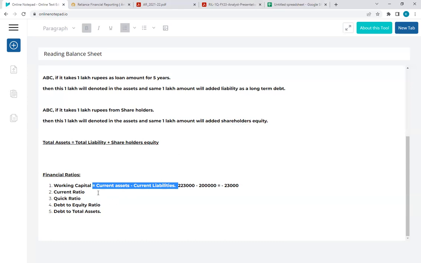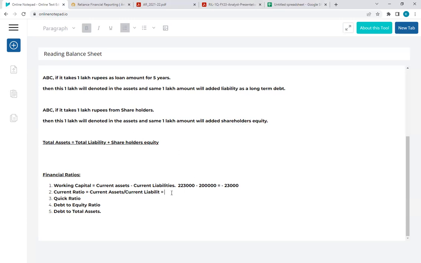The next ratio is the current ratio, which is equal to current assets divided by current liabilities. Of course, here also we get similar information.